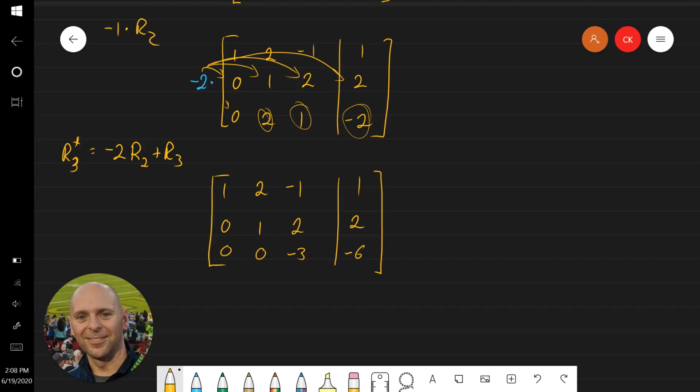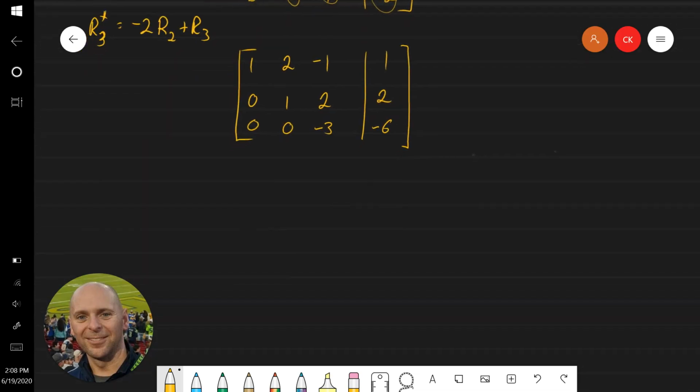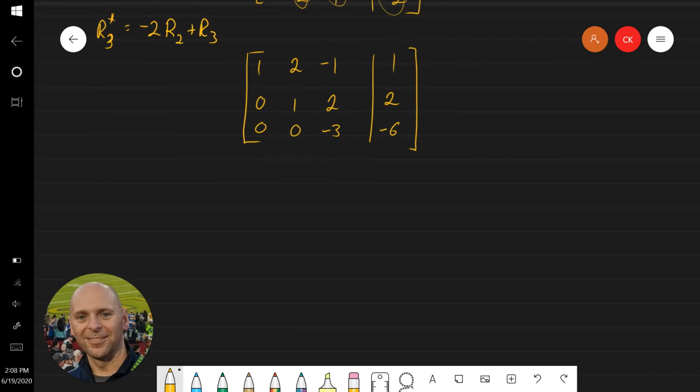And I'm going to do one more step on this, and that is I'm going to go ahead and multiply row 3 by -1/3. And make one more equivalent matrix.